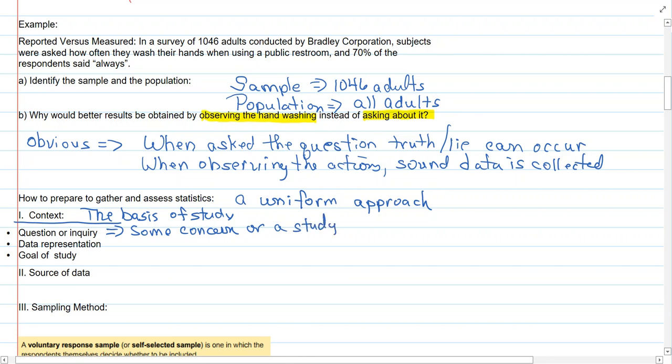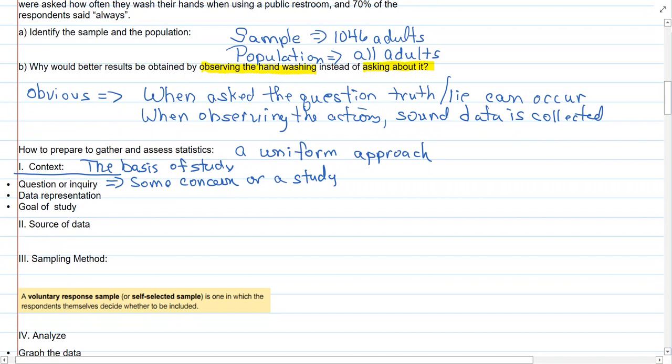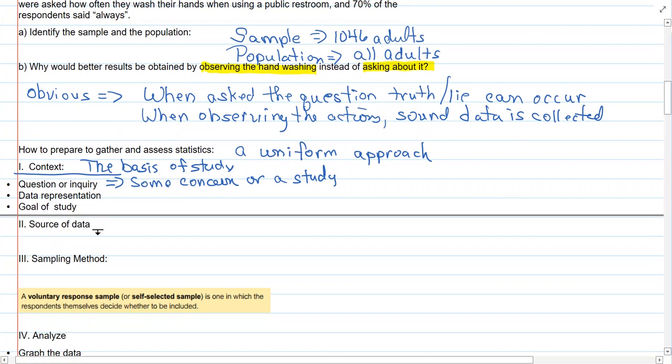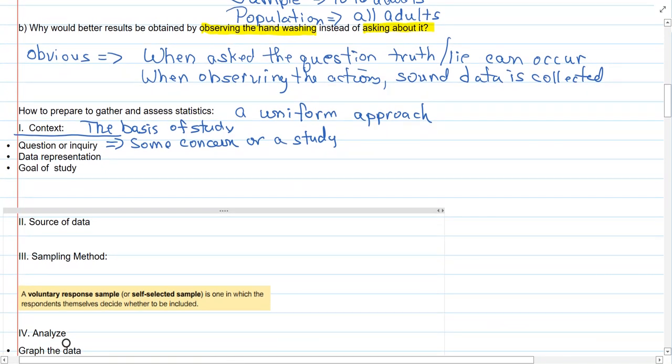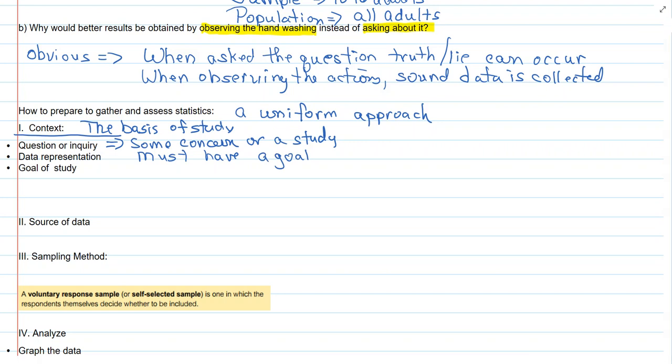And then we have to decide about what takes place when we do this. Let me make some room because I didn't think clearly. So in the question or inquiry, we have to have a goal, usually the answer or the idea of what we think should happen.